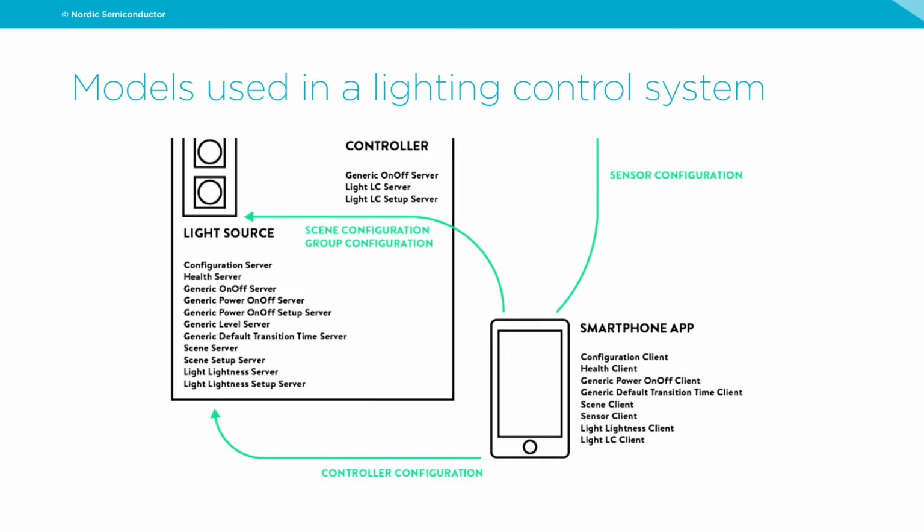The switch is more convenient, but when it comes to configuration, the smartphone provides a really useful user interface to set up all the configuration parameters for that light. So that's the main value add when you get smartphone connectivity to a light. You can connect your phone directly to the light source, and you can configure the light as you want in terms of what the output should be, how you should regulate the light, and what type of scenes you want, and so forth.